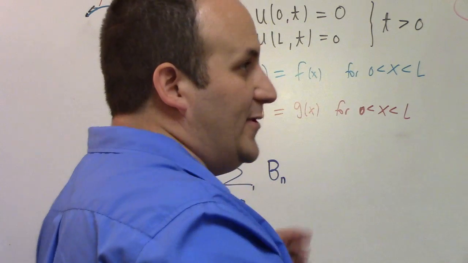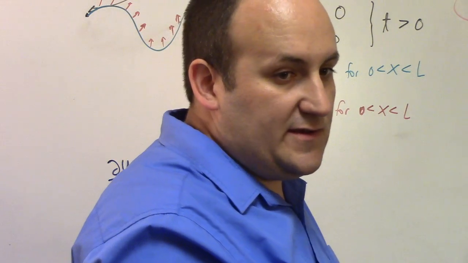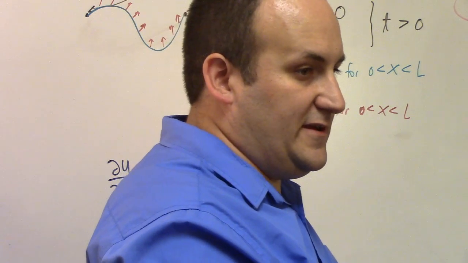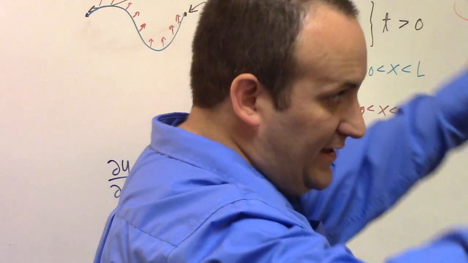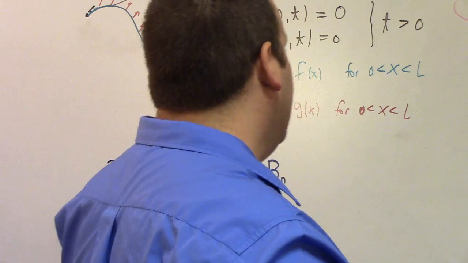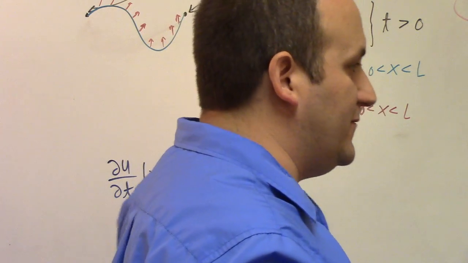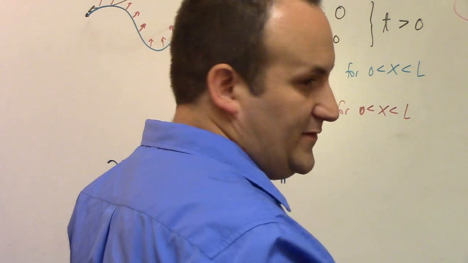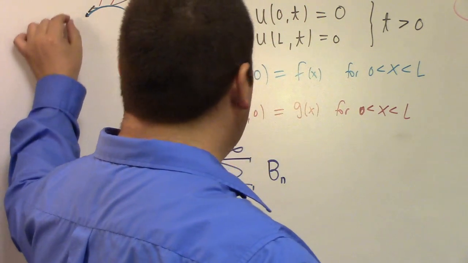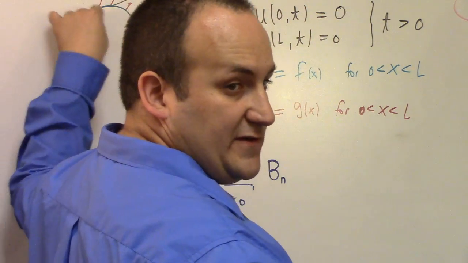It's analogous to C1 and C2 in second order problems in ODEs, where we can use C1 and C2 to fit the initial position and initial velocity. Well, now we have infinitely many coefficients because we're not fitting a single initial velocity and initial position, we're fitting a whole sequence of initial velocities and a whole sequence of initial positions, because we've got this continuum of the string that we're trying to match.